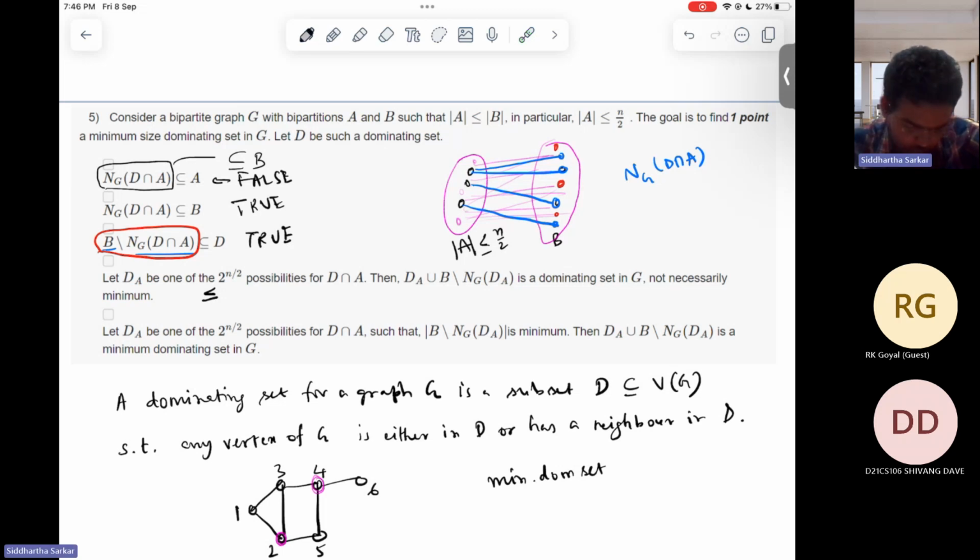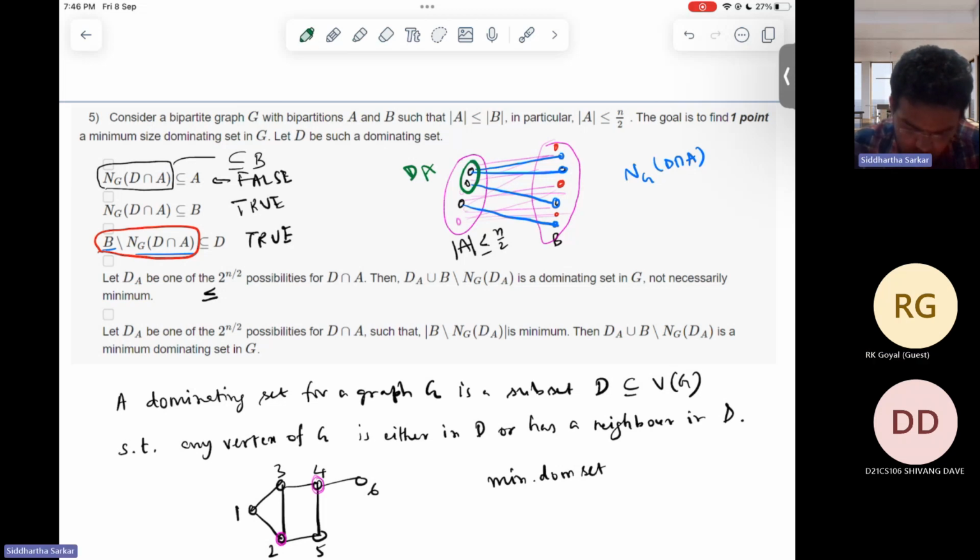So let us mark it with a different color. Let's take green. So let us say that these two vertices are in dA. These two black vertices which are encircled in the green ellipse are in dA.